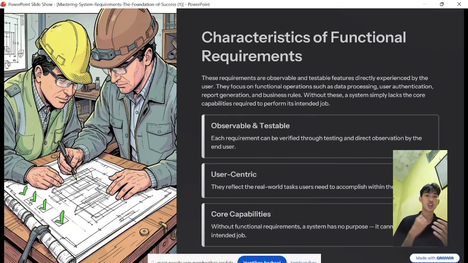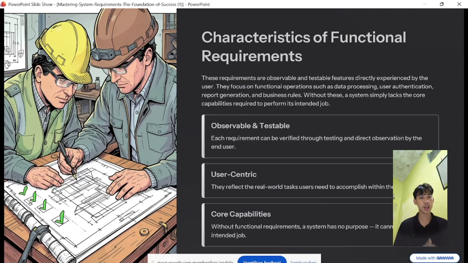Characteristics of functional requirements. These requirements are observable and testable features directly requested by users. They focus on functional operations such as data processing, authentication, report generation, and business rules. Without this, a system simply lacks the core capability to perform its job.